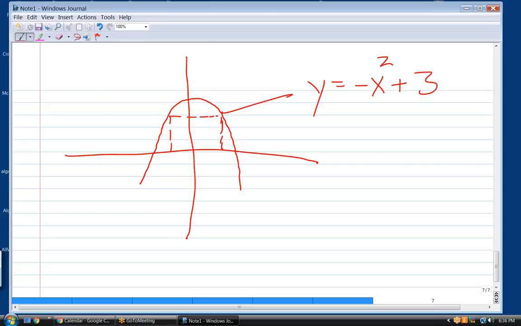I've got choices. It could be that rectangle there, or I could make it a little wider, but that's going to make it a little less deep. Or I could make it a little more narrow. So those are the possibilities of how I can draw a rectangle inside that parabola. Well, what's the biggest rectangle I could fit inside of that?